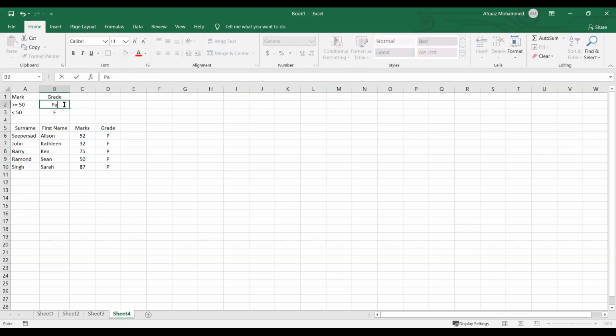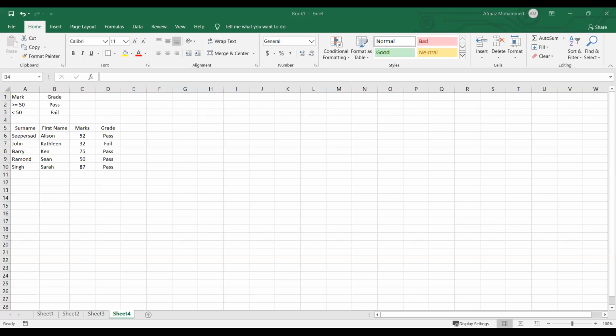So let's see now, if we change this to pass, everything changes to pass. If we change to fail, everything changes to fail. All right, so everybody understands how using absolute referencing will sort of optimize the way the sheet was created. Everybody sees that? Yes? Okay, good. So that formula is correct, right?